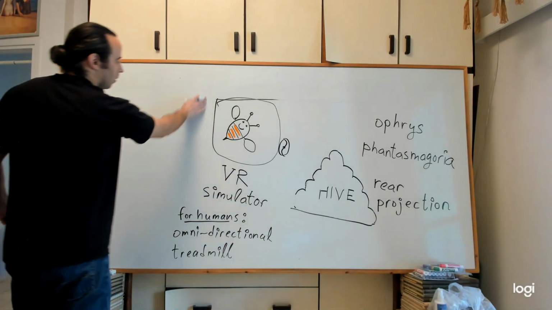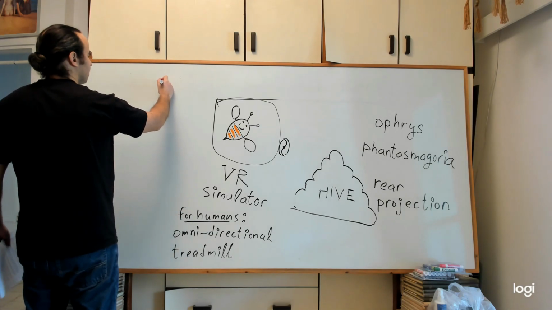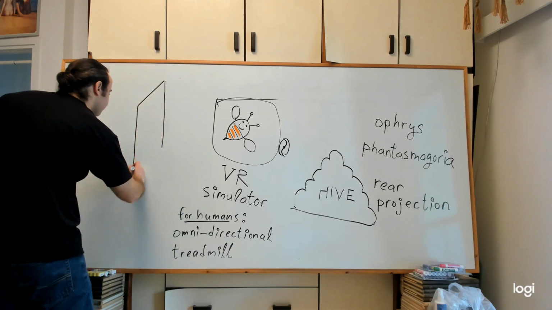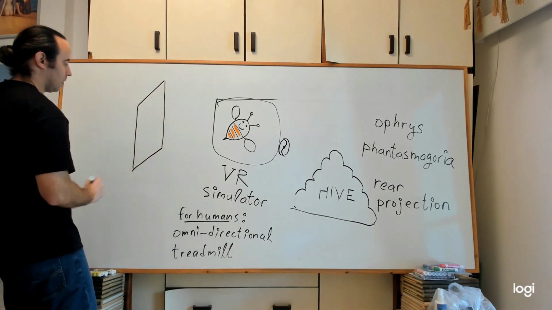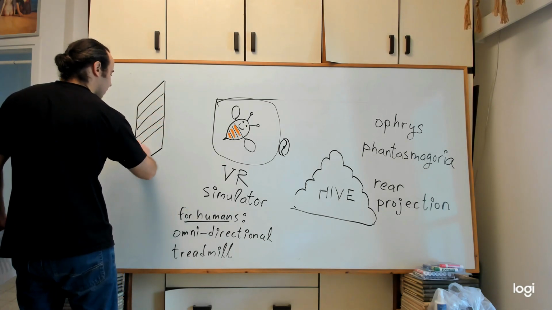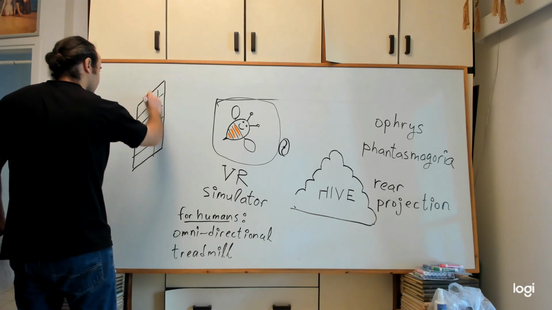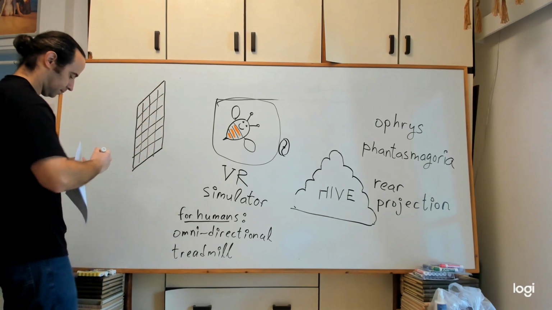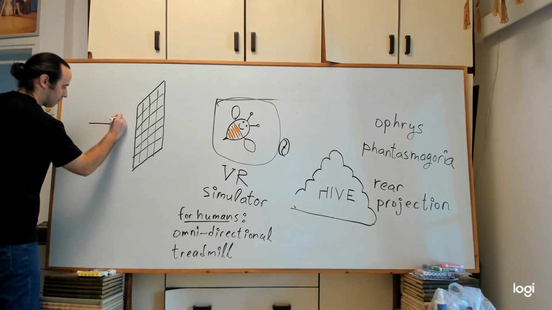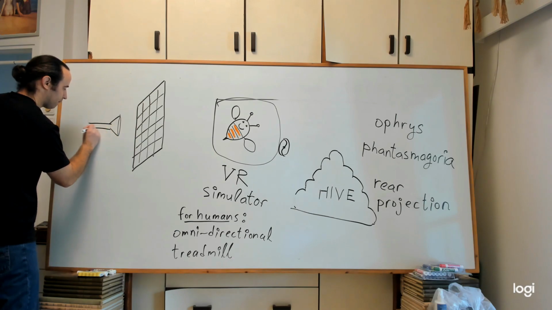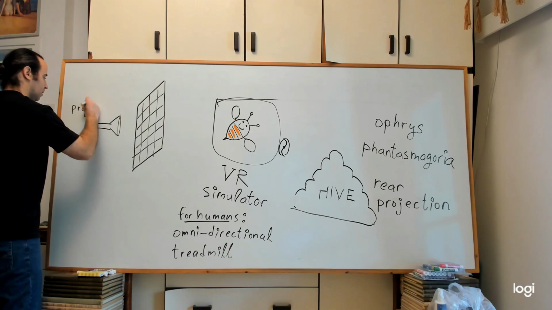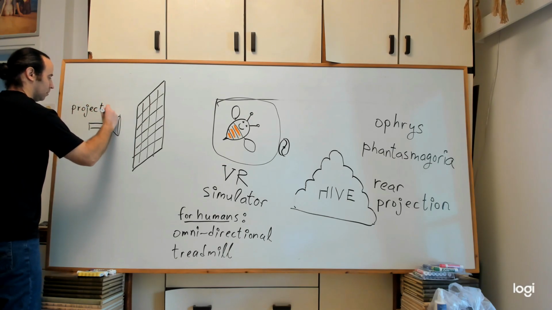So here, if we take one wall, then one wall will look like this. It has a structure of a mesh, like a net. And on this we do a projection. Projector.